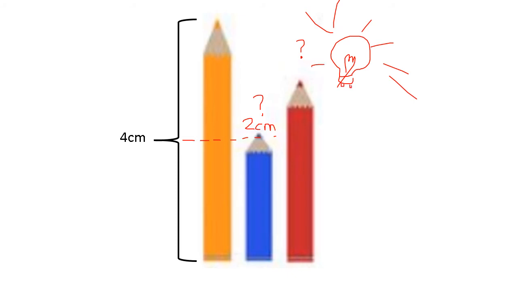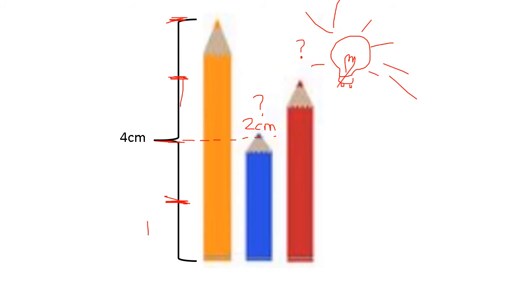What about the red one? Well, the red one is about halfway between the halfway point and the tip of the other one. So we can divide our orange pencil into 4 parts.